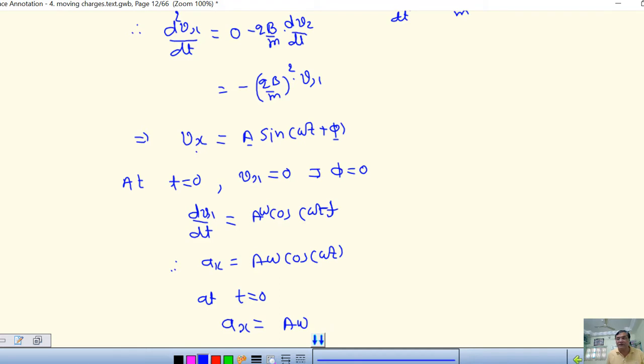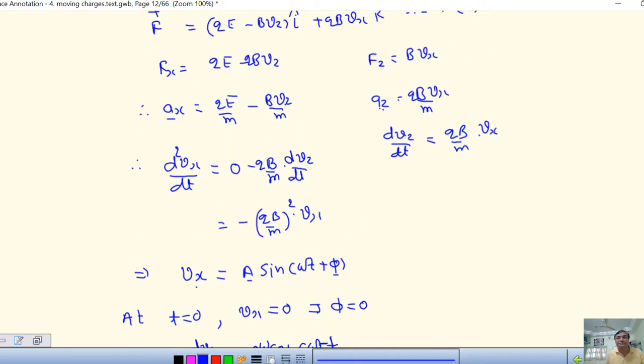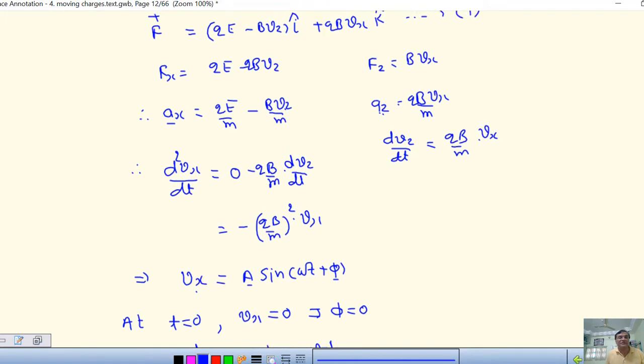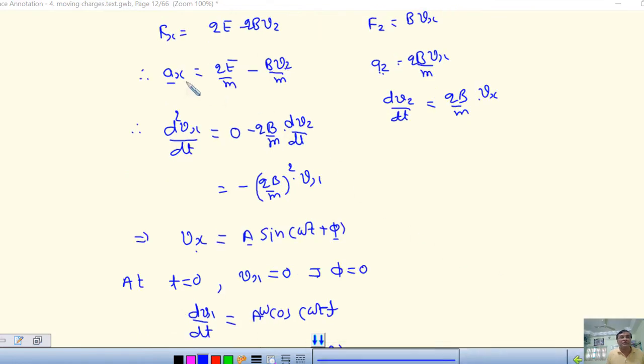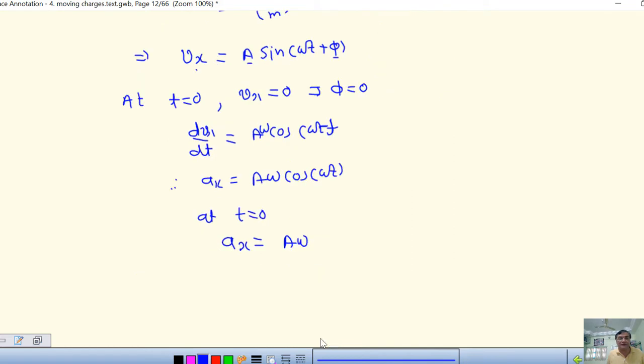And from the equation, at t equal to 0, vz is equal to 0, so ax is equal to qe upon m.